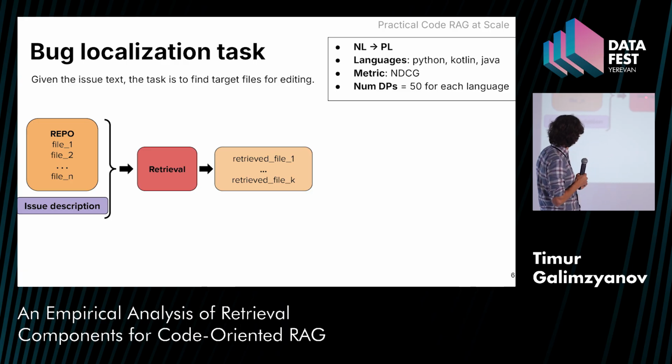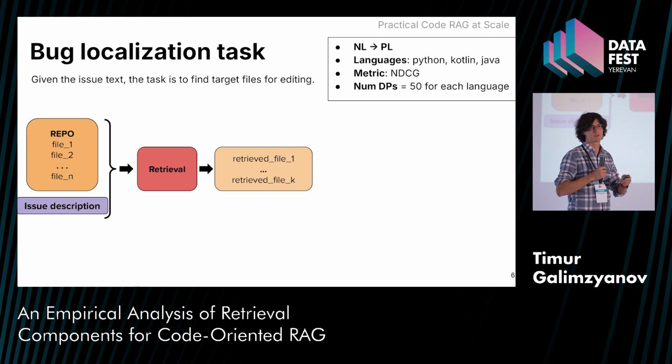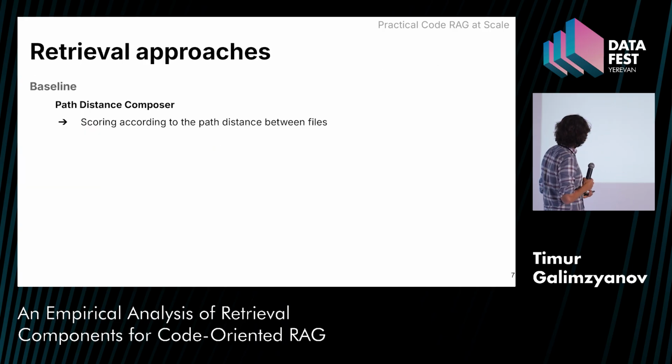Then the retrieval task is to rank the files in the repository according to their proximity to this issue description, and then the ranked files are passed to metric calculation. We used the NDCG metric, which is just a metric of how well the files are ranked.